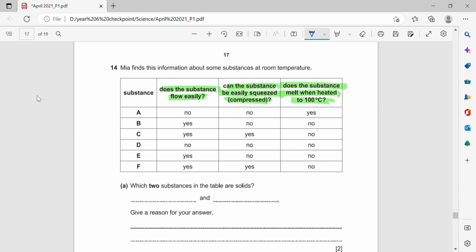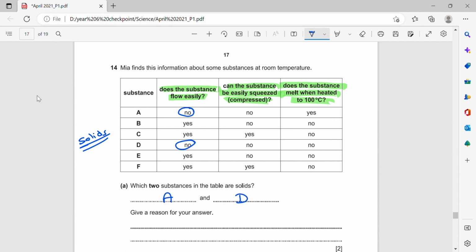Which two substances in the table are solids? Let's look at the substances to see which are solids. In does the substance flow easily, it says no for A and no for D. And we know that solids do not flow. So which are solids? A and D.